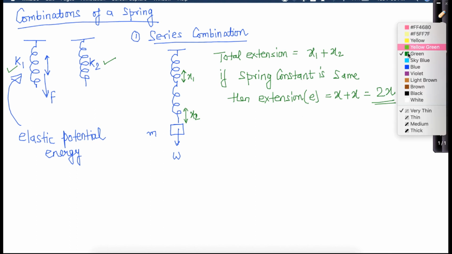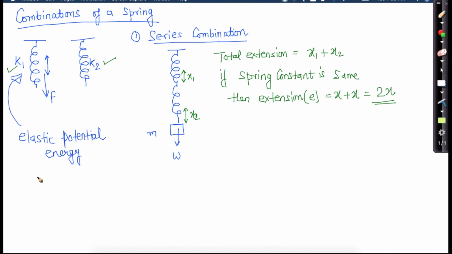Let's see what is the story in the parallel combination. Parallel combination, this is the second combination. So let's say there's a spring which has a spring constant k and it's showing an extension of x when you're putting the load here.